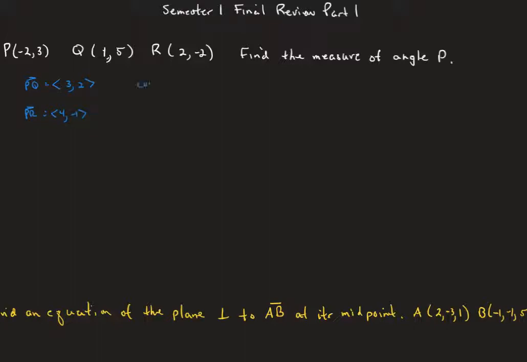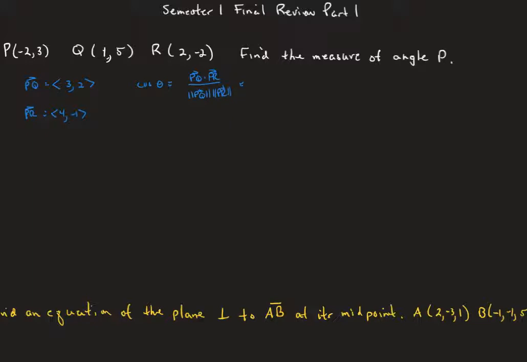Then we know that the cosine of theta is PQ dotted with PR over the magnitude of PQ times the magnitude of PR.